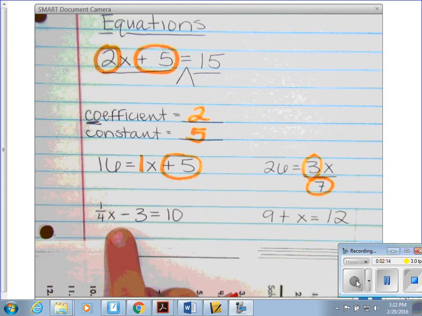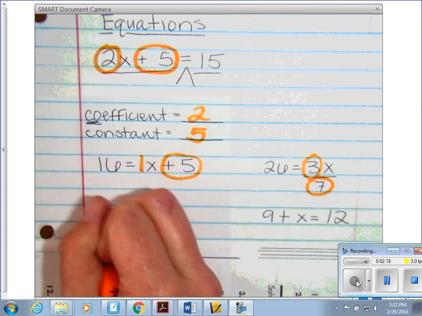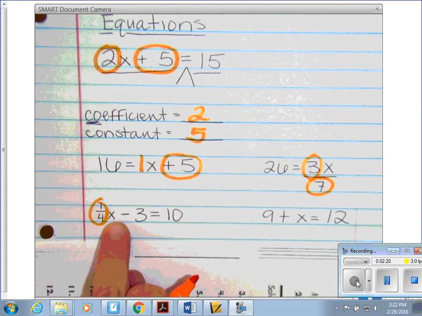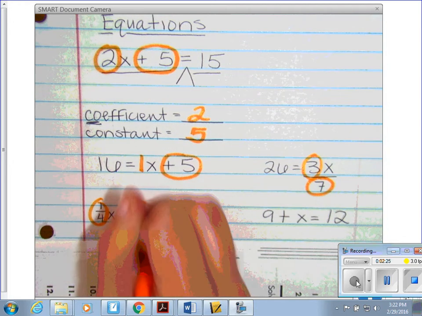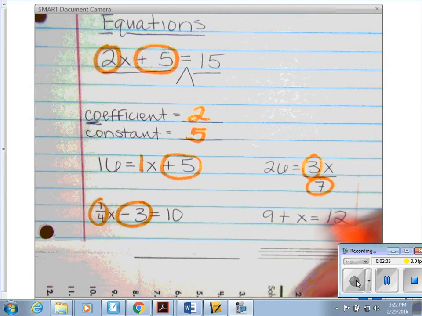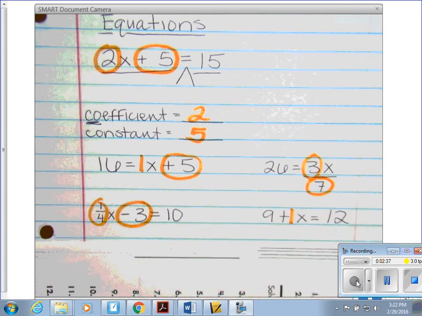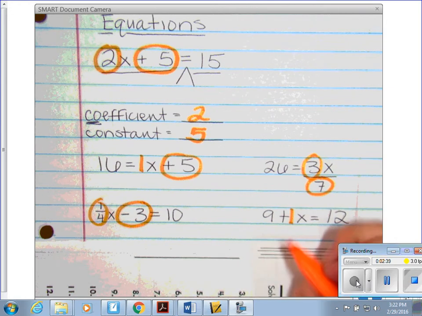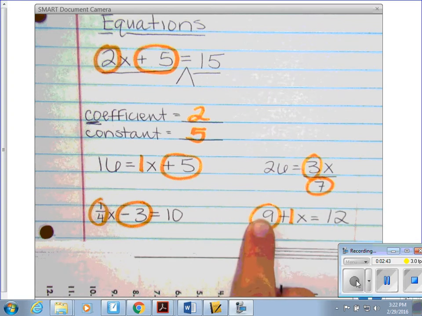On this example, my coefficient is 1/4. It's the value with x. And my constant is the -3, or we can think of it as -3. You can think of it both ways. And finally, over here, my coefficient is 1 again, and then my constant is a positive 9. So we imply a positive 9 up here.